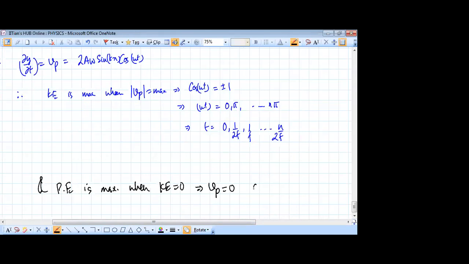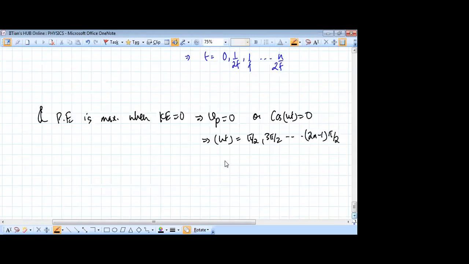So that is when cos omega t is zero. That means omega t, the time will be 1 by 4f, 3 by 4f in general, this type of time.